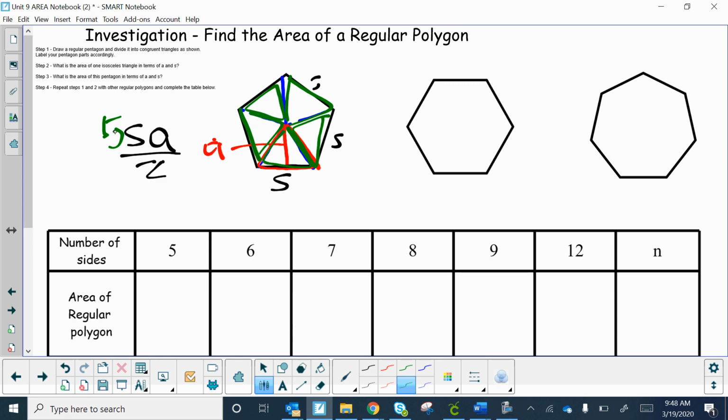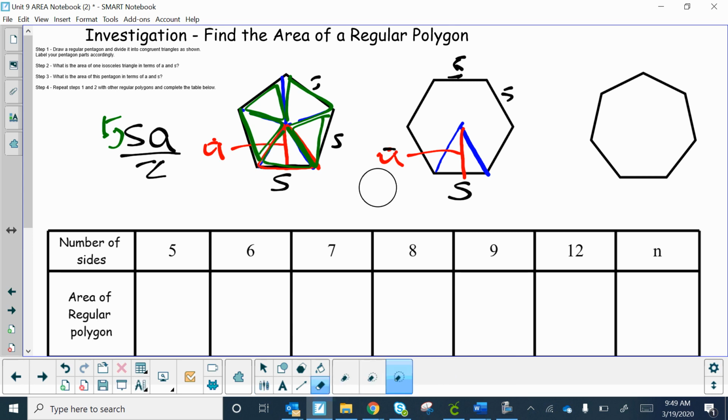Let's try 2 more times over here. If I draw in all the radii, in fact, I'm just going to draw 2 so I can focus on just the triangle. Here's my apothem. Here's my side length. Remember, all of these are represented by S. Sorry, my stylus doesn't write very well on this pad.